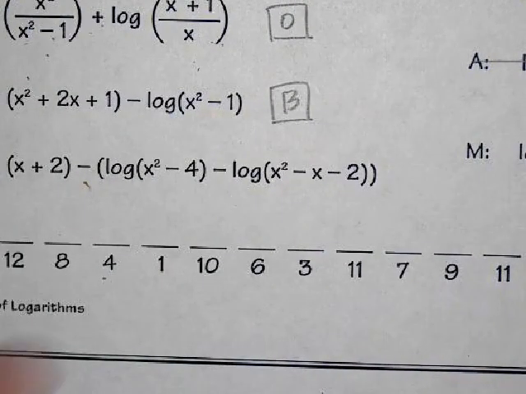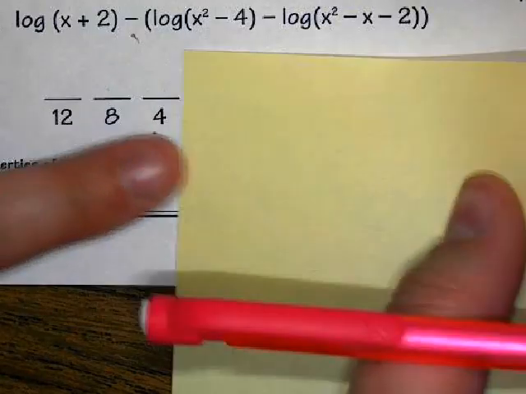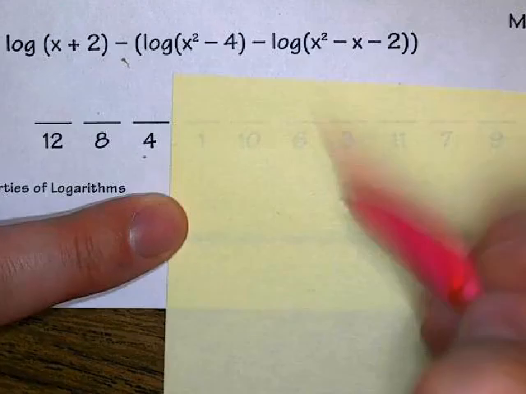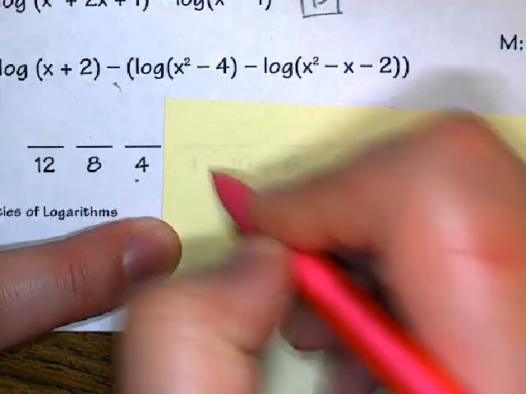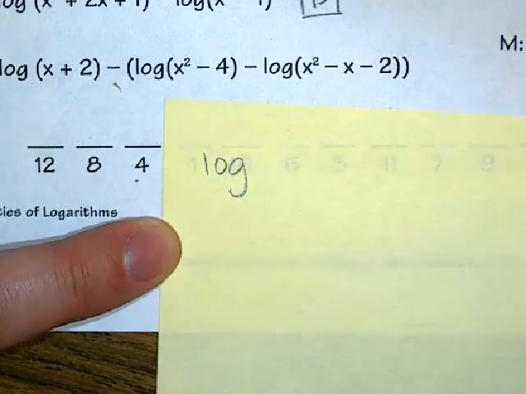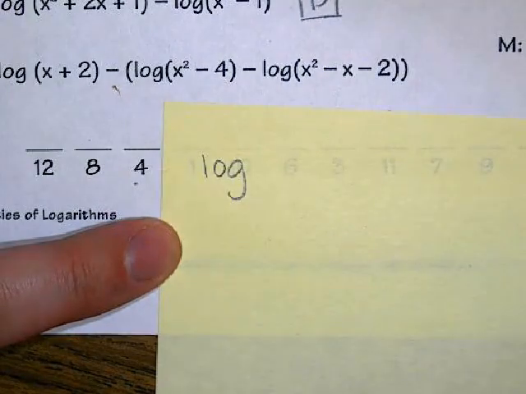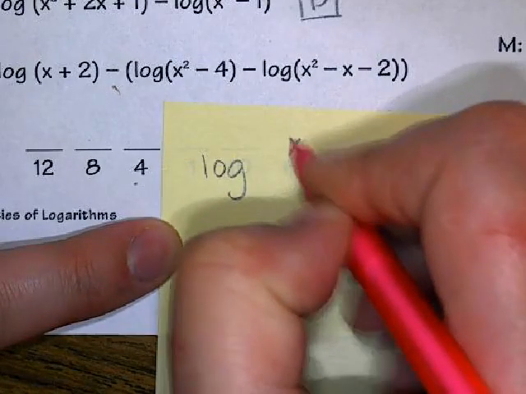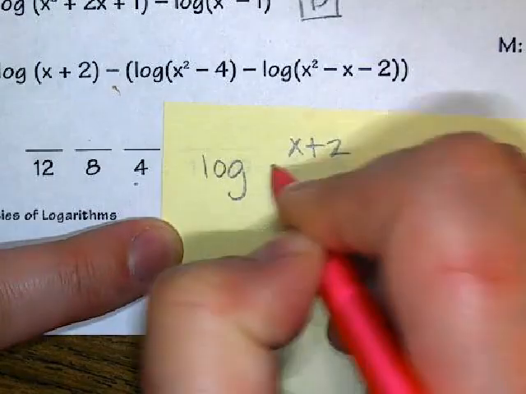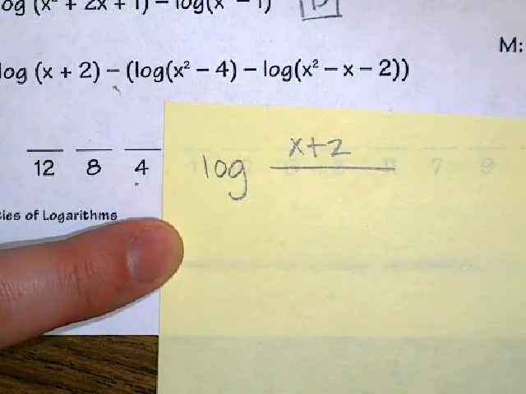Okay, so we're going to have log. And what should we write? X plus 2 divided by, and then it looks like this one has a divided by as well. So it looks like we've got a fraction on the bottom.